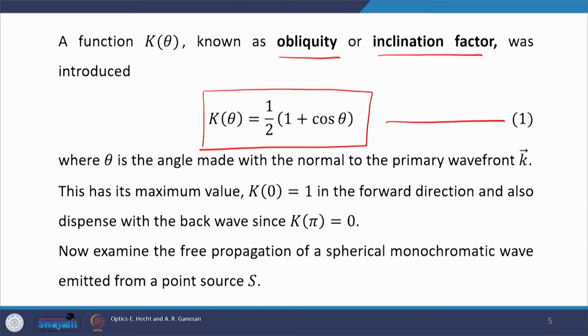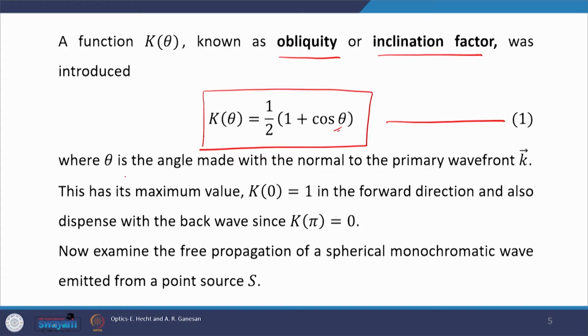This obliquity factor dictates the direction of propagation of the wave. Here the angle theta is the angle made with the normal to the primary wave front, k. Suppose this is our wave front, and this is the k vector direction, and this is the point of observation P, then this angle is theta.